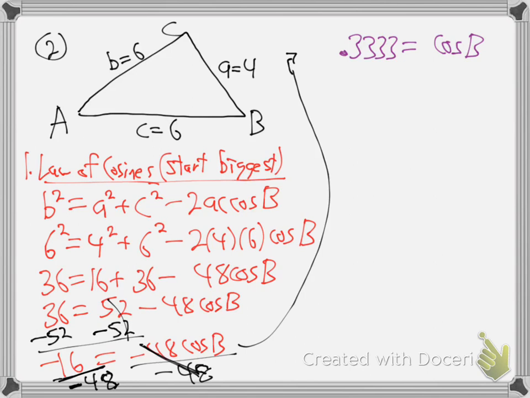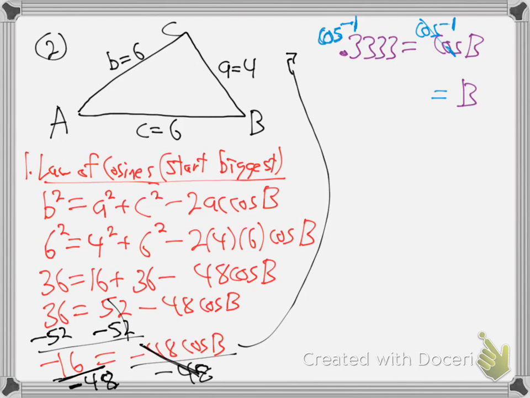Okay, now how do we finish getting B? Inverse cosine. That's what will get rid of that cosine from the front. So cosine inverse, and cosine inverse cancels, and so we get some kind of an answer here.